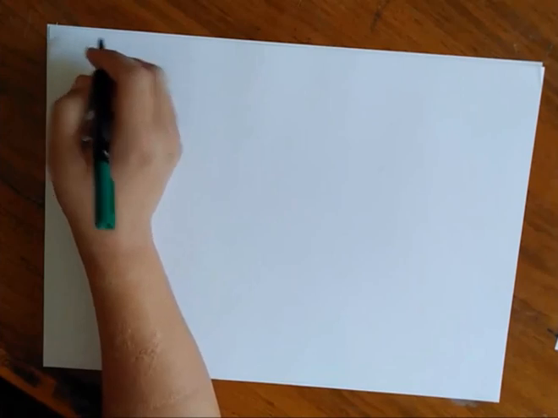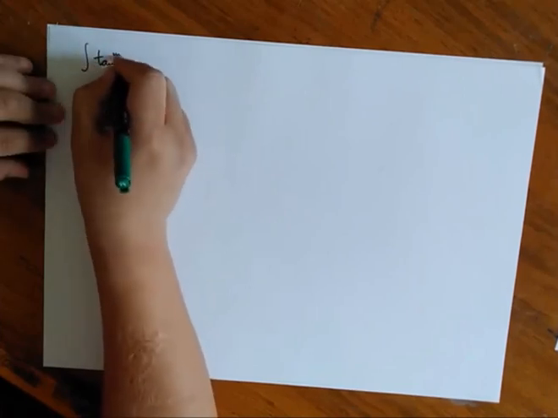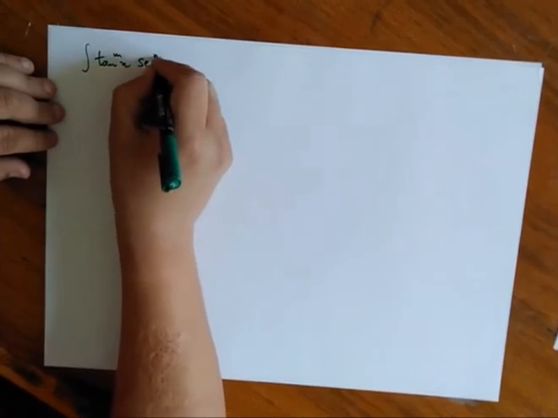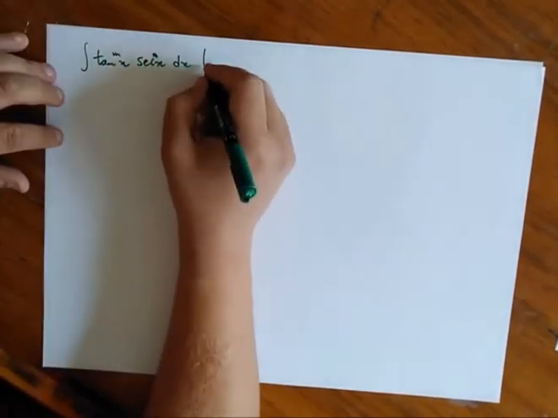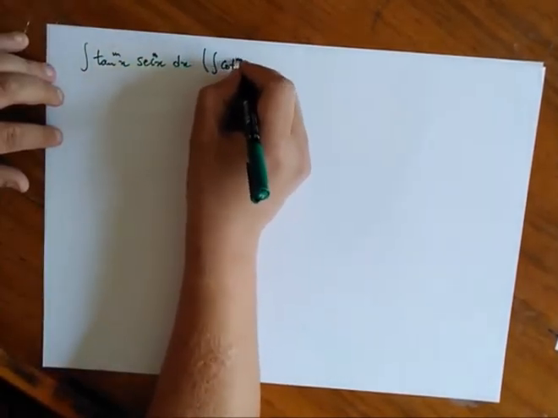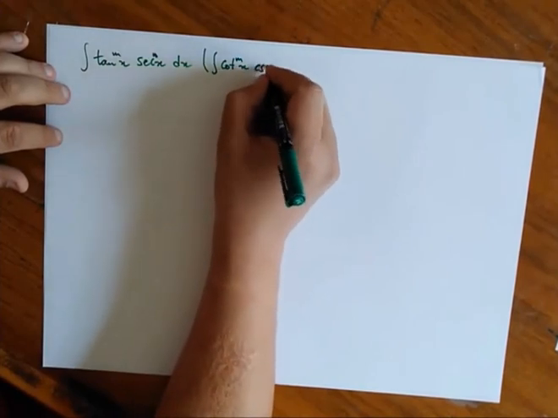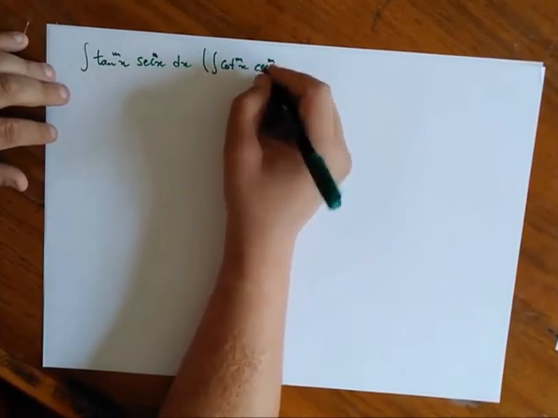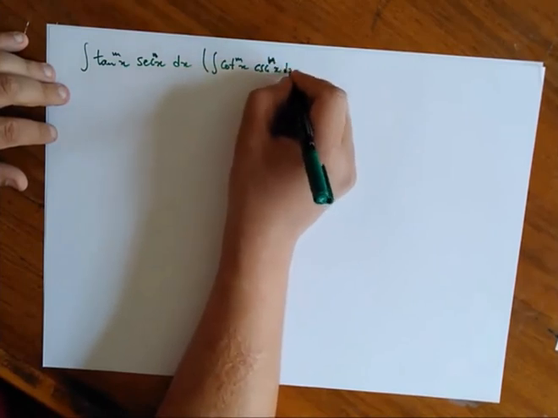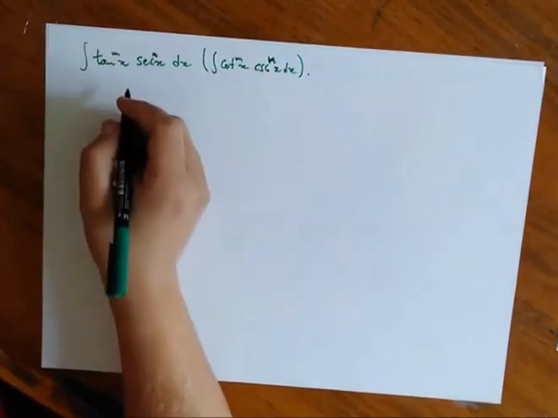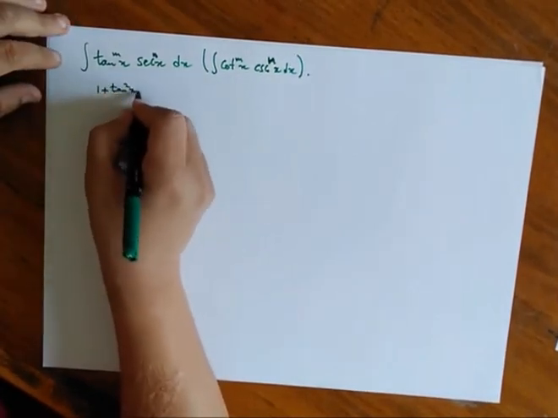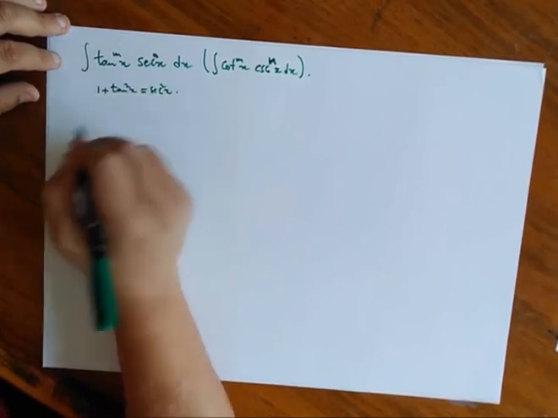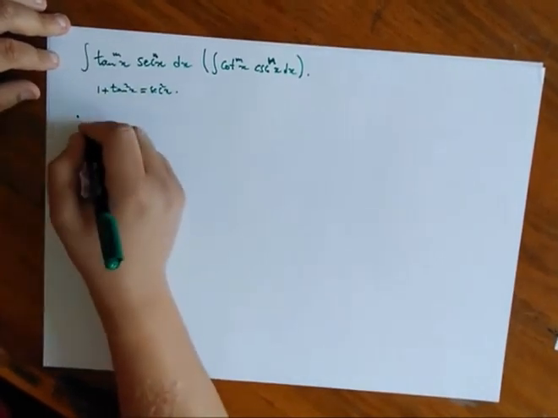So let's conclude this case. If you have the integral of tan to the power m times sec to the power n with respect to x, and the same goes for cotan to the power m times cosec to the power n, you're going to use 1 plus tan squared x equals secant squared x.